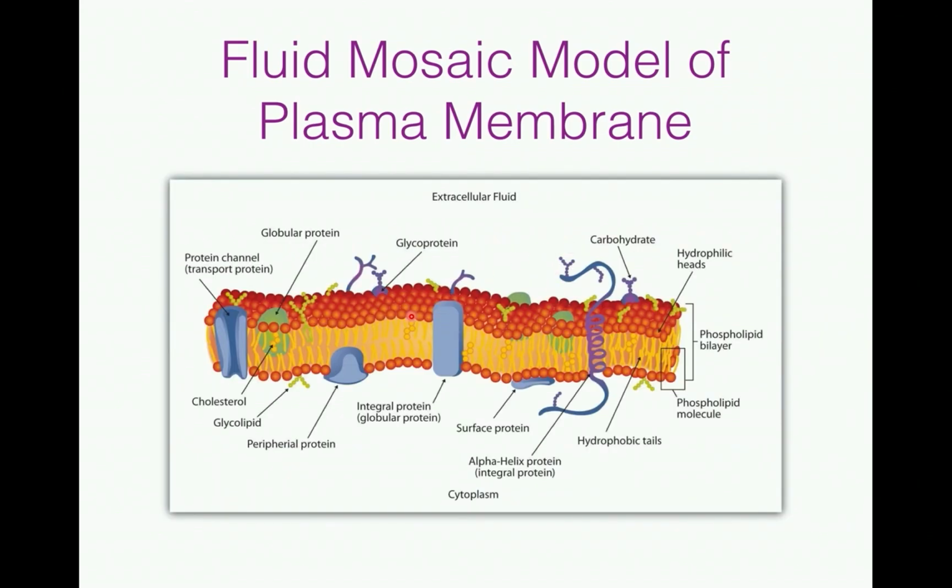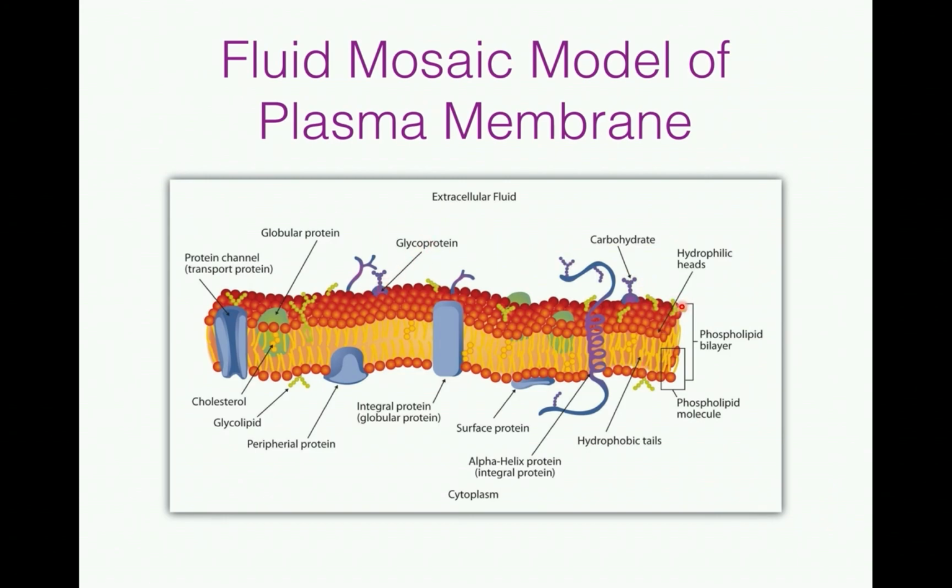This is a fluid mosaic model where I show two types of protein, that is extrinsic and intrinsic. See, this is an integral protein. This is also an integral protein, and this is a peripheral protein. Then glycolipid: when carbohydrate is attached with lipid, then it becomes glycolipid. When carbohydrate is associated with protein, then it becomes glycoprotein.